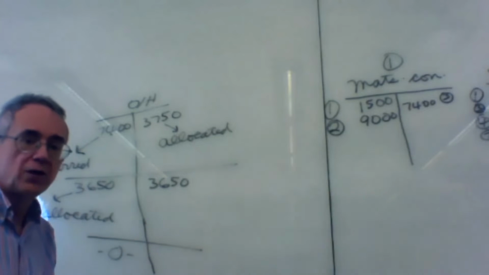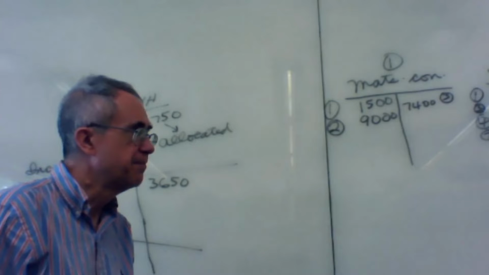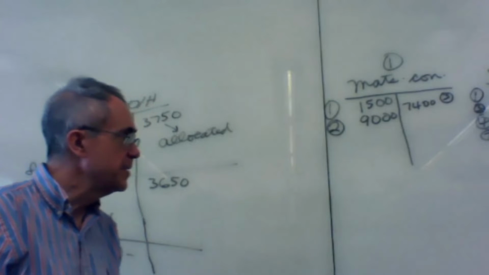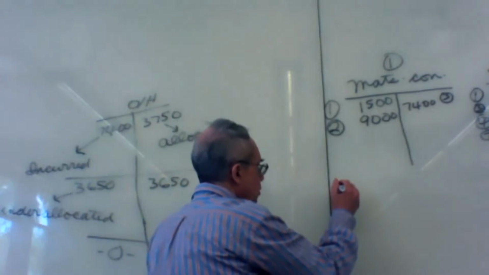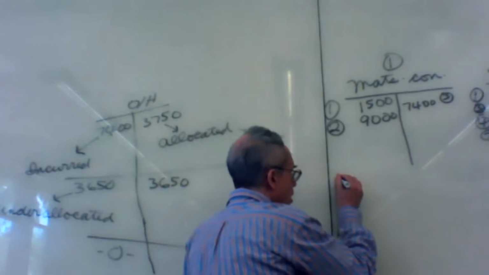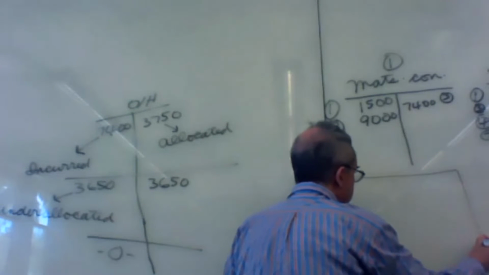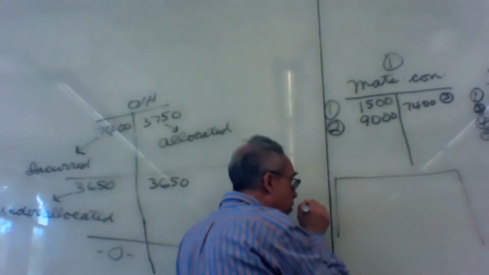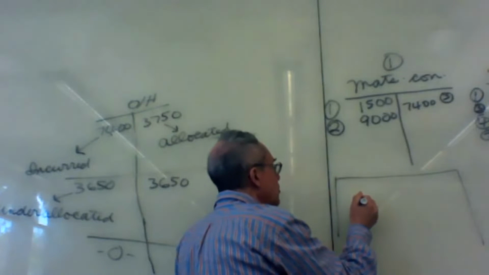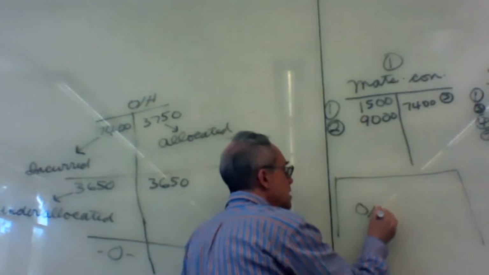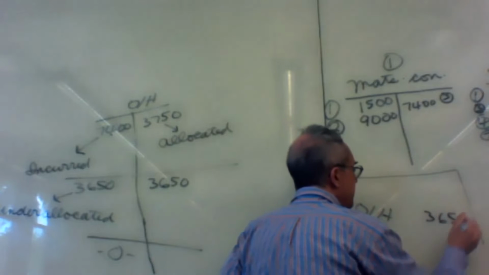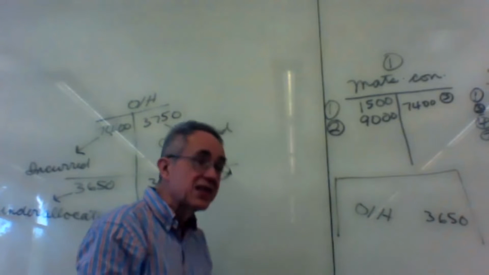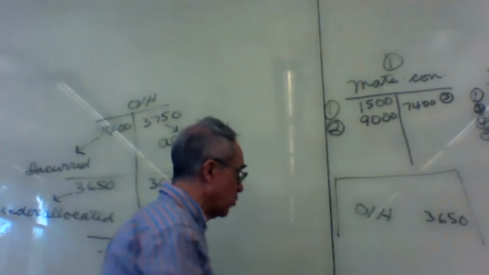So in order to make the journal entry and close this out, we're going to be crediting overhead 3,650. But the debit is going to be written off to cost of goods sold.